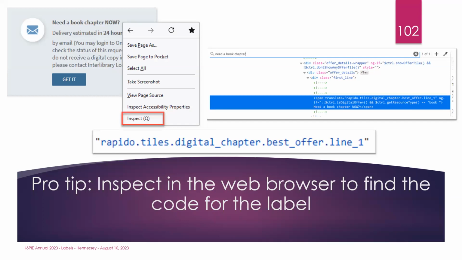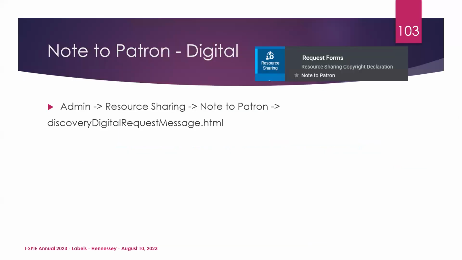If you're not sure where to get started, when you look at this up close, it has that code and then it has the text. We were just looking at the "need a book chapter" label.